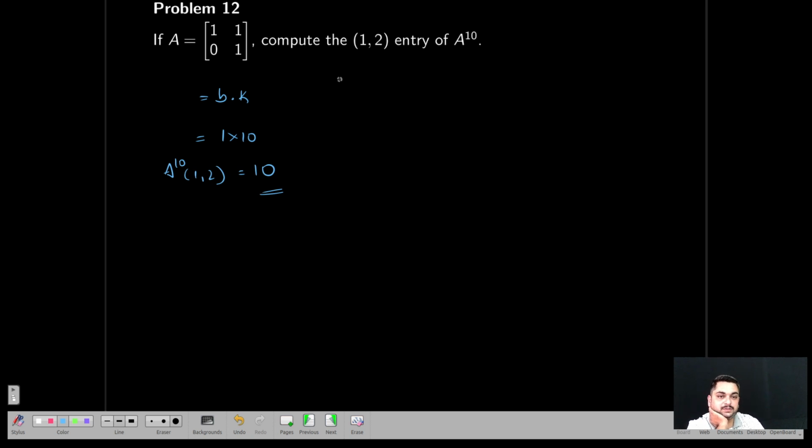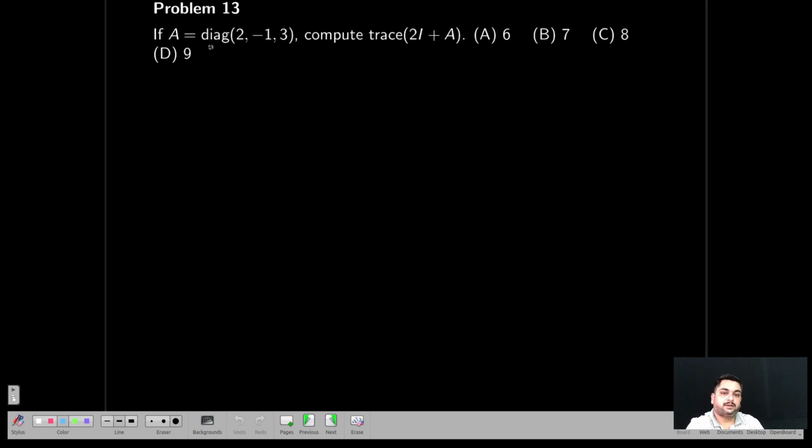Previously I gave this, right? If I take power k, this element will be b multiplied k times.